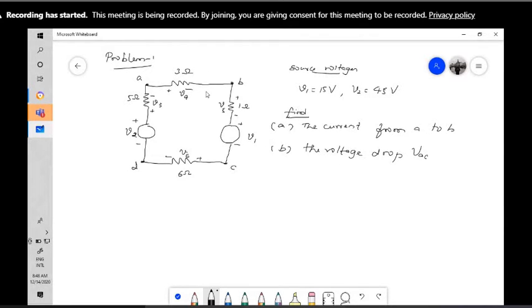If you travel along this path, there is a 3 ohm resistance, and then there is a 1 ohm resistance, and then there is a voltage source here.